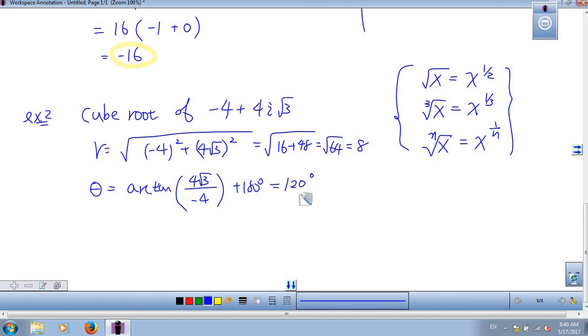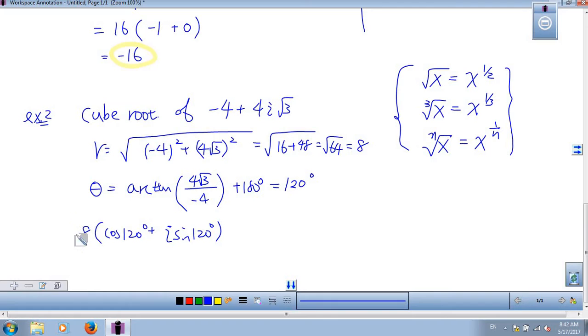Yep, 120 degrees. It's in the second quadrant. So that means we are finding the cube root of 8 cosine 120 degrees plus i sine 120 degrees.